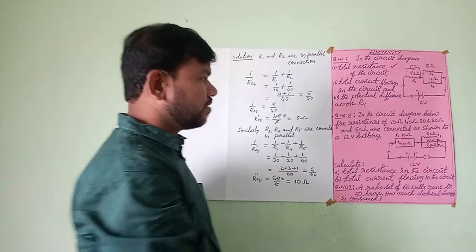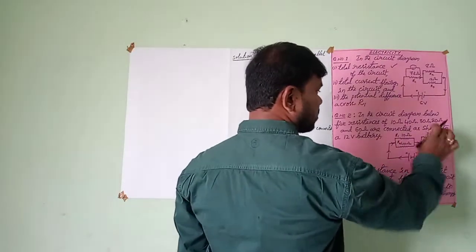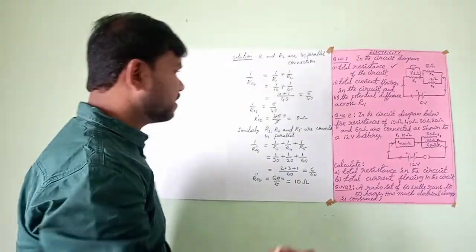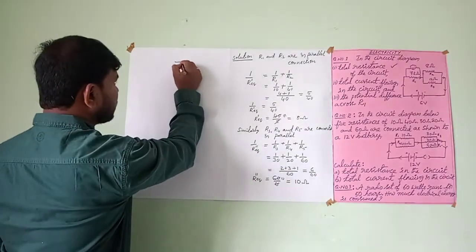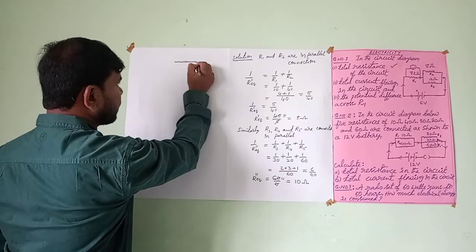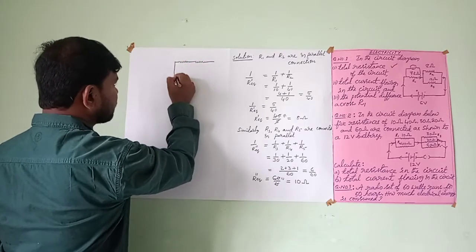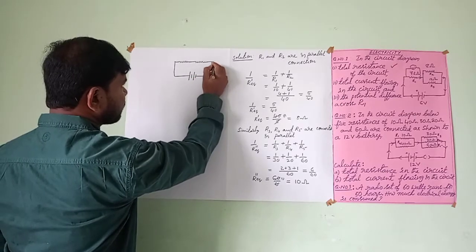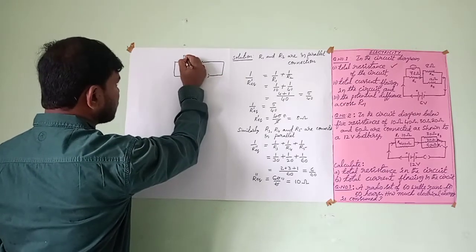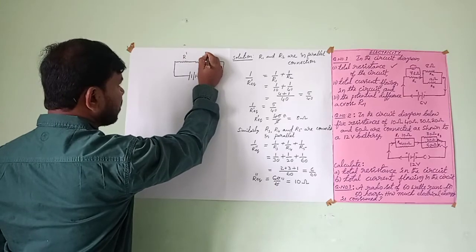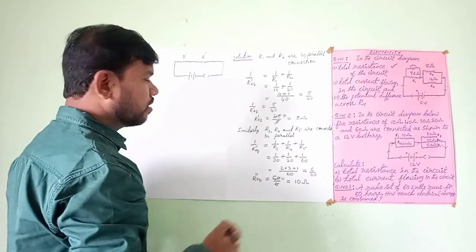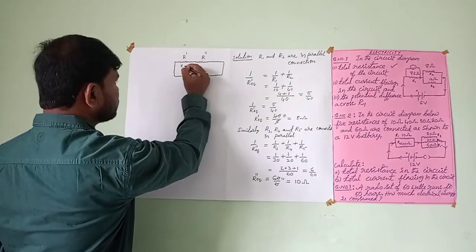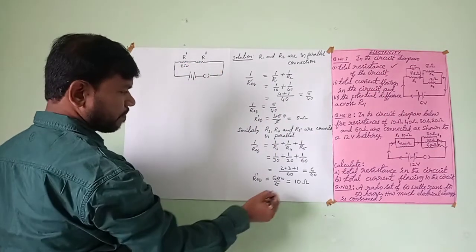Now students, here we got the equivalent resistance and here also we got the equivalent resistance. Those two are in series connection, so the circuit diagram is like this. This is R dash, 8 ohms, and this is R double dash, 10 ohms.